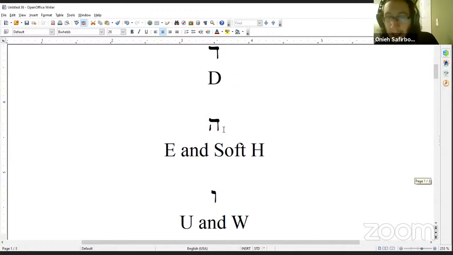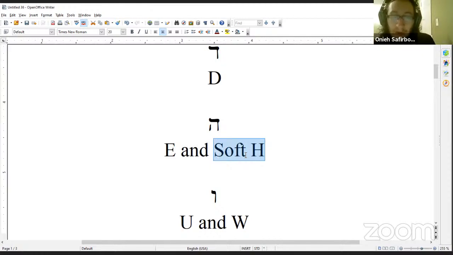And the vowel Hey, I give it a soft H sound, like in the English words honor and herb. There's a very faint H sound in herb, but it's almost silent. You're not saying honor with a strong H, but there's this very faint H sound in there.